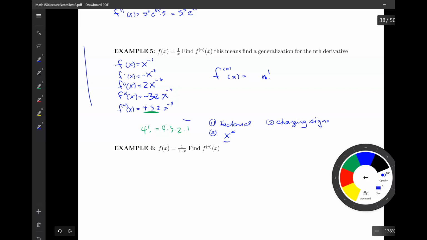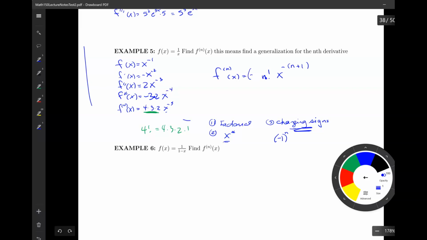All right, so let's work on the x to the power. So I see x to the negative, and you get to choose how you do this, but I'm going to say one more than the derivative. So I'm going to factor that negative out and say the opposite of one more than the derivative, negative n plus 1. All right, so now let's do this changing sign thing. What I'm going to suggest is that you just try negative 1 to the n.